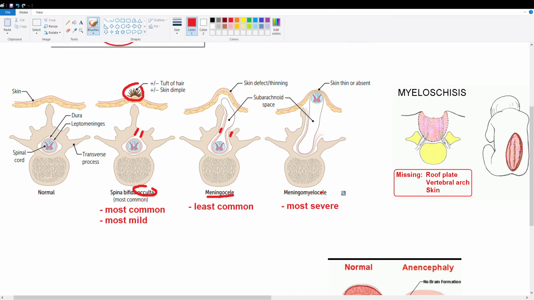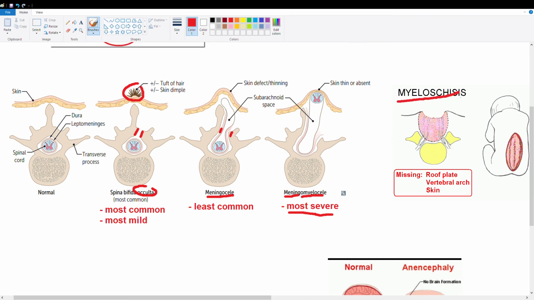Then we have meningomyelocele. So not only do we have the meninges, we have myelo. When you think myelo, you think myelin, you think neural structure, so you're going to get the spinal cord in there. So this is the most severe type, and it's a big problem because if the spinal cord is outside your vertebral column, it's susceptible to damage, susceptible to infection, not a good thing to have.